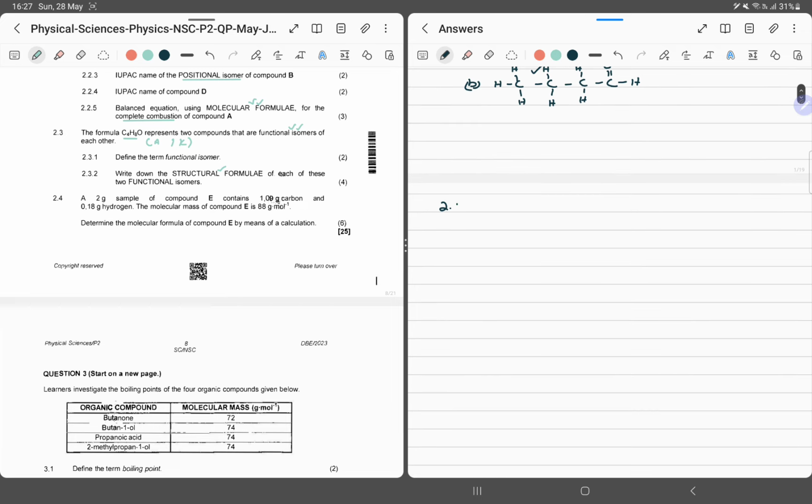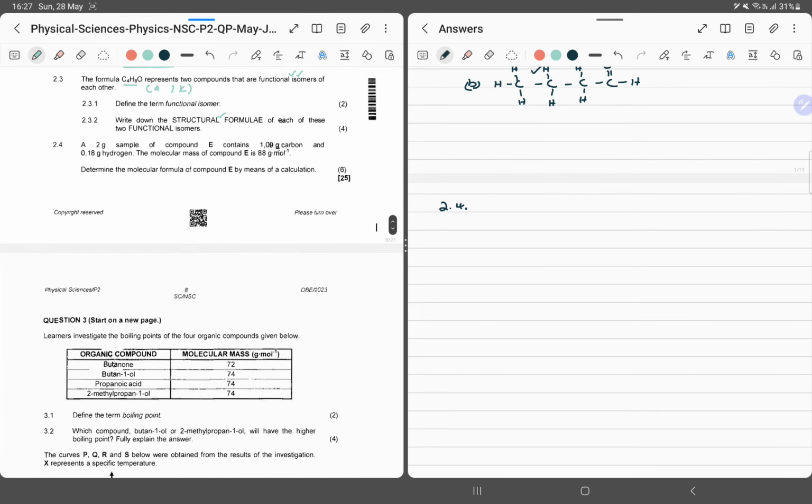So we've got 2.4. 2.4 says a 2-gram sample of compound E contains 1,09 grams of carbon. So obviously we're going to look for the molecular formula or empirical formula there. And 0,18 grams of hydrogen.